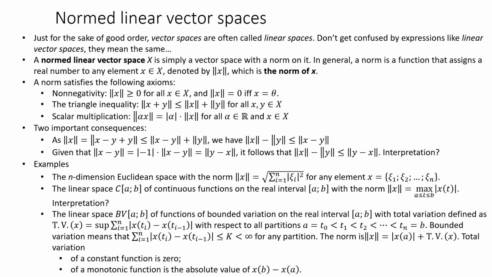So let's see some examples for normed linear vector spaces, or simply normed linear spaces. The n-dimensional Euclidean space with the Euclidean norm is a normed linear space. The linear space of continuous functions on the real interval [a,b], with the norm interpreted as the maximum of the function over the interval, is a normed linear space.